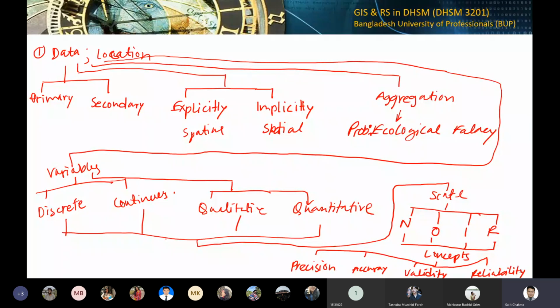Okay, so firstly, the data. Whenever we talk about GIS or whenever we talk about anything, what is it that we are really talking about? We are talking about a geographic problem, right? There is a problem that we would like to solve. So for this geographic problem, to solve any problem, what do we need? We need data.